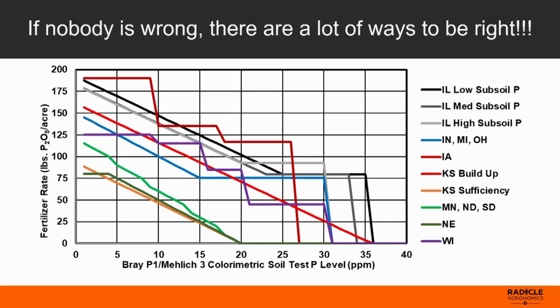And no state is intentionally going to tell a farmer to follow their recommendations and risk yield loss, right? I mean, it's just not going to happen. Now, there are differences in approaches, and differences in soils and climate and all of those things that factor into it, but this is a pretty darn big spread of data.